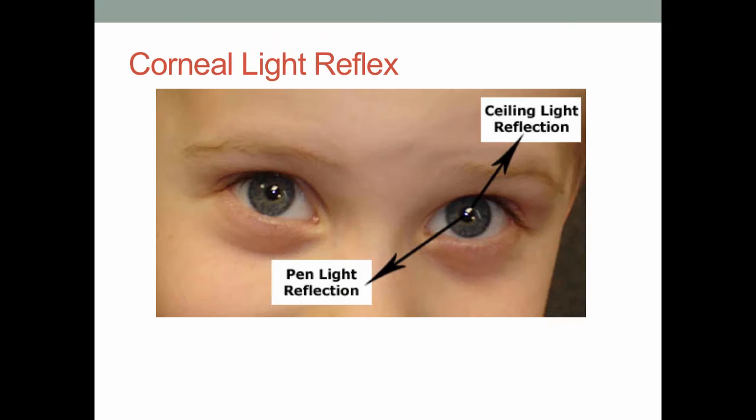Then you're going to use your pen light. And again, the younger children will usually be interested by a light, but if you have something interesting for them to look at, it's particularly useful.